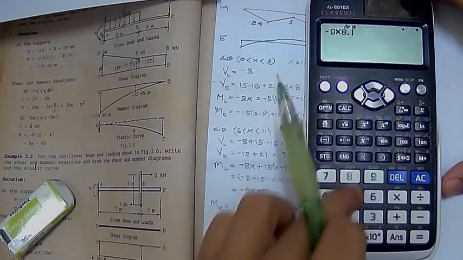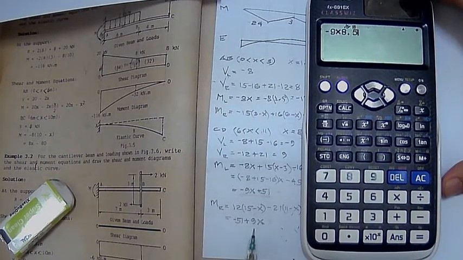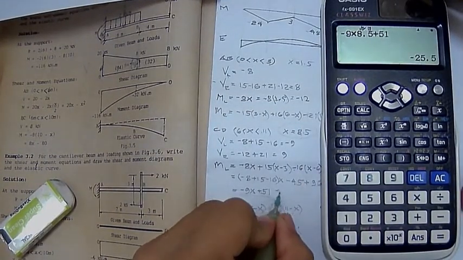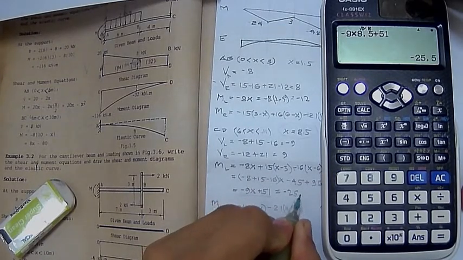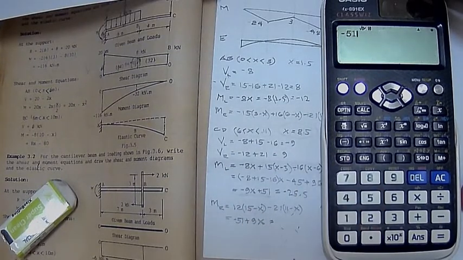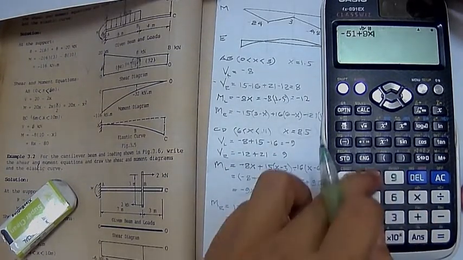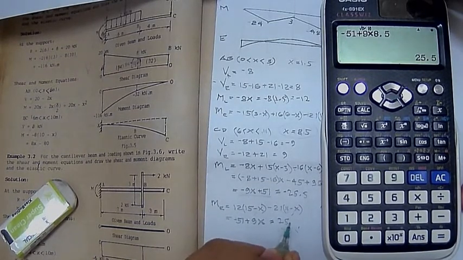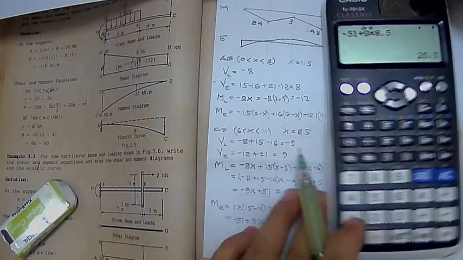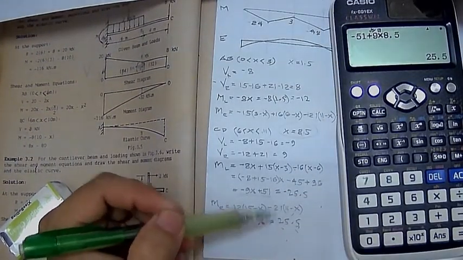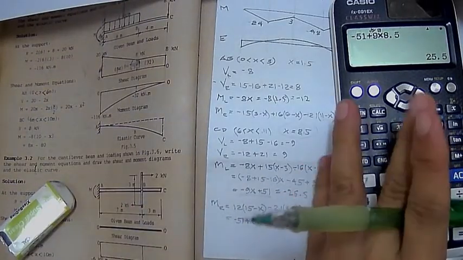Negative 9 times 8.5 plus 51 would give you negative 25.5. Pagdating mo dito, negative 51 plus 9 times 8.5 is 25.5. So you will notice na they will cancel out. Zero siya. Okay? So ibig sabihin, tama yung moment equations.